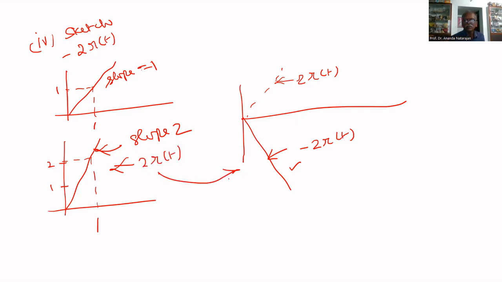If you invert, this is minus 2r of t. A minus magnitude means we have to take the mirror image about the x-axis. Time reversal means you have to take the mirror image about the y-axis. There is the difference.